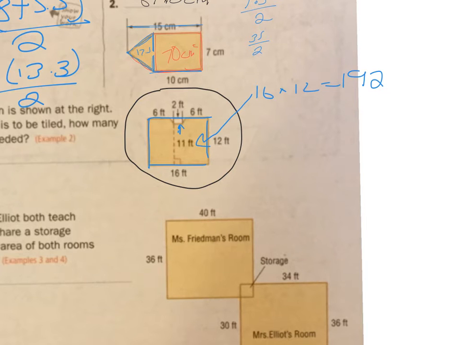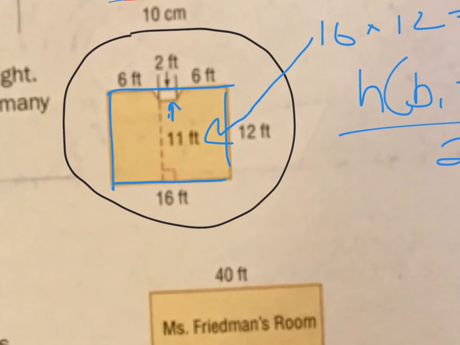And how will I figure that out? Well, I need to know the two bases. So it's going to be height times my two bases divided by 2. So the height of this little area here, this is real tricky to see, let me blow it up a little bit more.